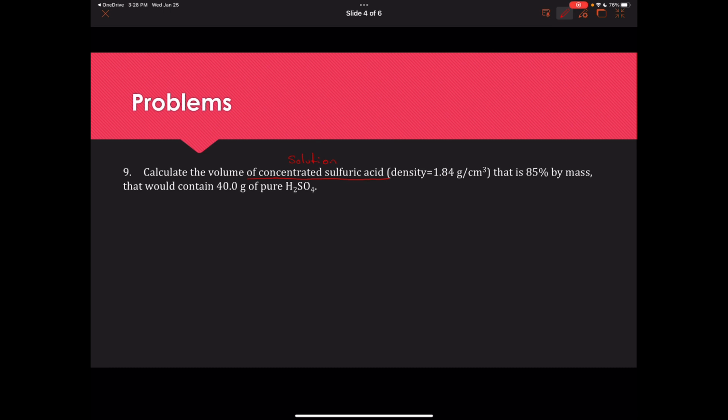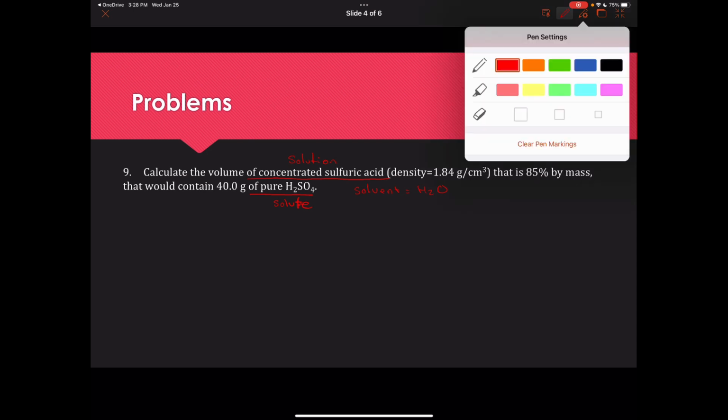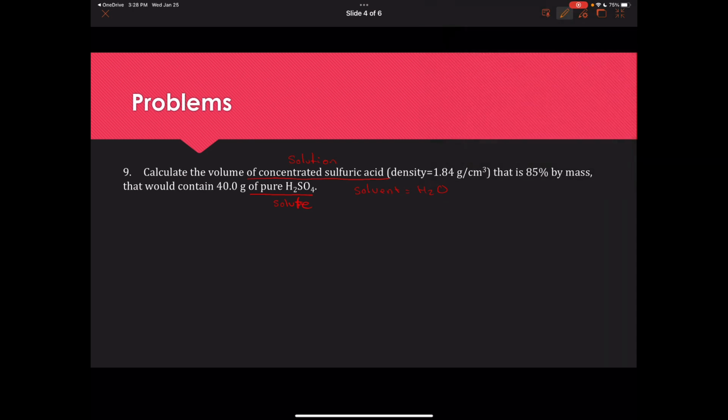So when we're told pure H2SO4, that's the solute that is being dissolved in the water. So my solute is the pure H2SO4. It's being dissolved in water. Water's the solvent. Together, they make the concentrated solution of sulfuric acid.